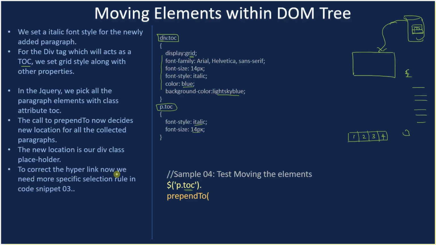To correct the hyperlink, we now need a more specific selection rule in code snippet 03, which we already saw. Here in the prependTo, if you see, we are giving div.toc. Now if you want to see what is going on here, first we are collecting all 4 paragraphs with the table of content.